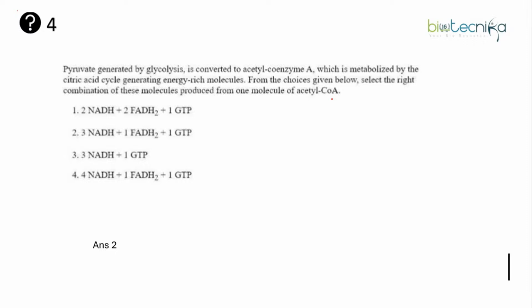The answer is option 2. I've given you the option, but will you be able to do the stoichiometry yourself? They are saying the combination of molecules produced from one molecule of acetyl CoA.